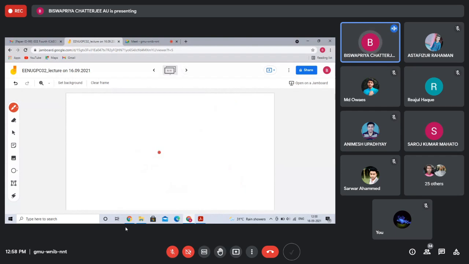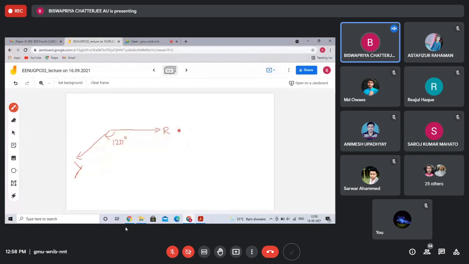When the concept of lagging and leading comes, say this is the R phase, then Y should be lagging by an angle of 120 degree. That means a negative angle.